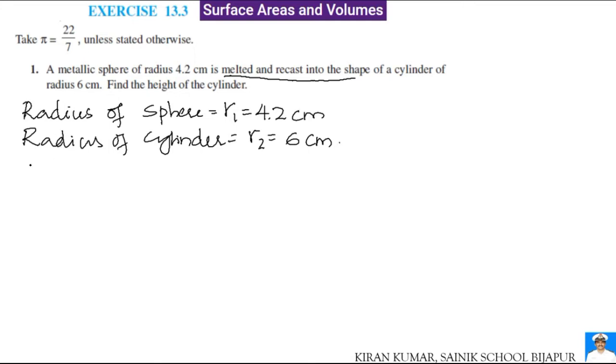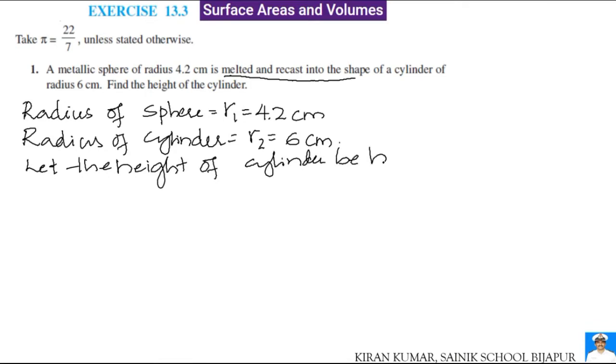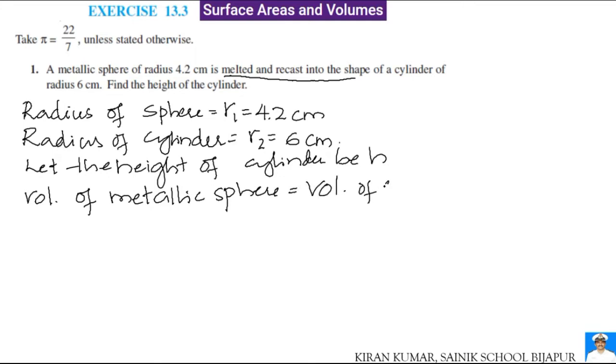We need to find the height. So let the height of the cylinder be h. Here we will equate the volume of metallic sphere equal to volume of cylinder.